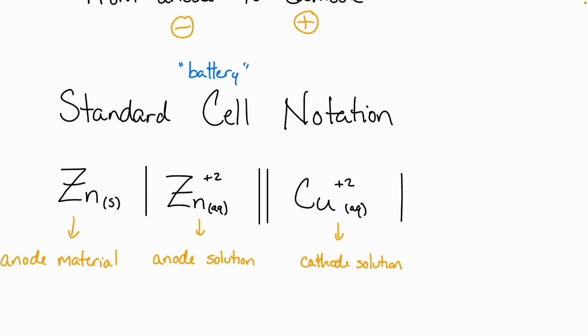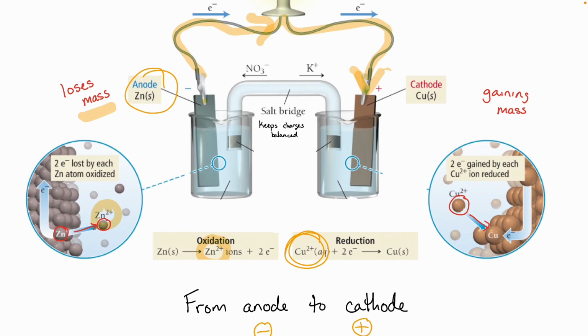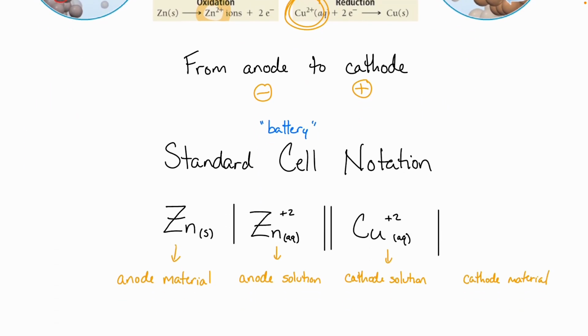Okay, and then another bar. And on this side, we're going to put our cathode material. And what was our cathode made of? The solid copper, right? Cool.